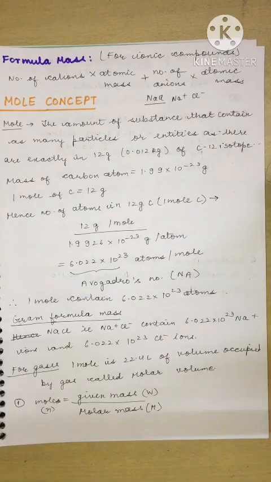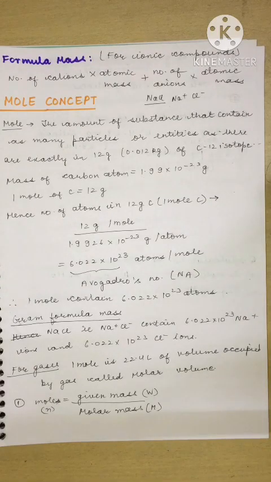The next important topic is mole concept, which is the main topic of this chapter. Before we start, let us see the basics, that what is the meaning of mole. Mole is any amount of substance that contains as many particles or entities as there are in exactly 12 gram of carbon-12 isotope. 12 gram means 0.012 kilograms.